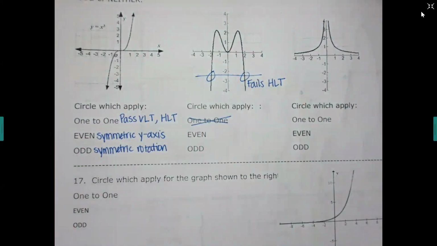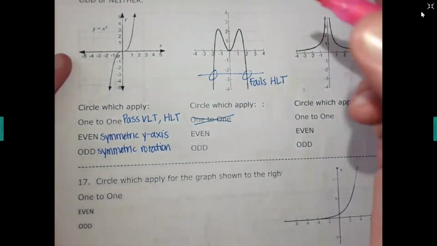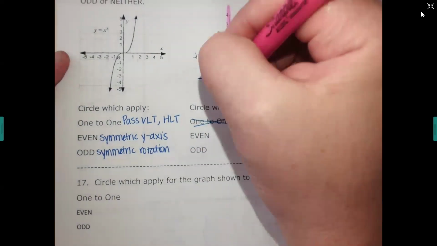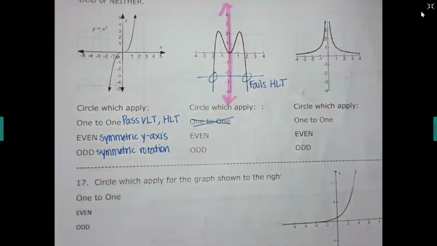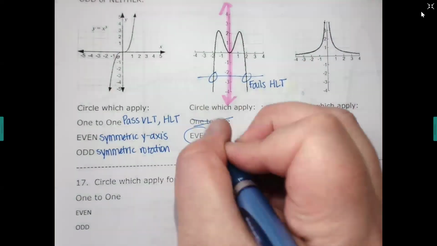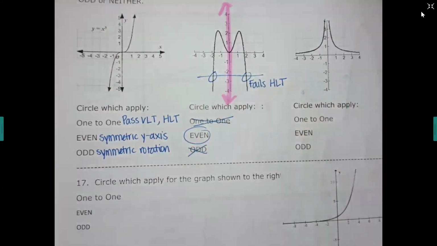So we're still doing that middle graph. Does the y-axis create a symmetry in graph number 2? Yes. And that makes it which one? Even is correct. Your graph can't be even and odd, so it's one or the other. So in this case, it would be even.